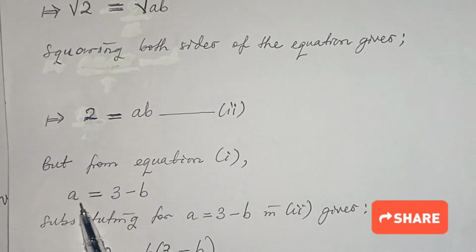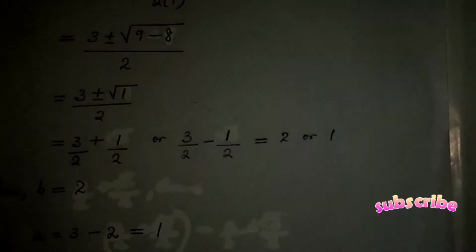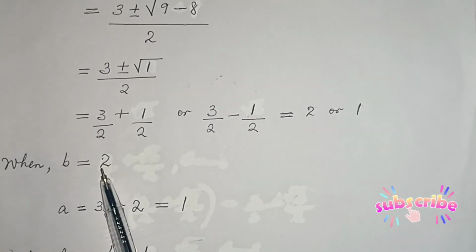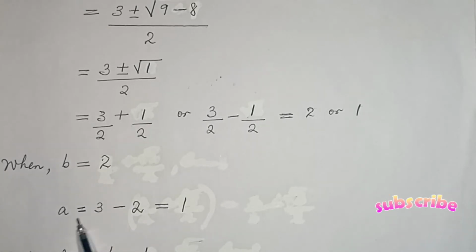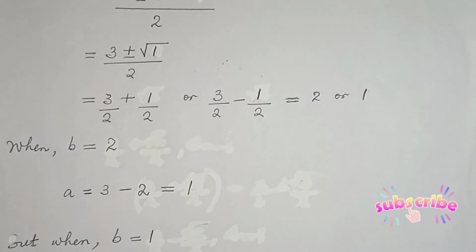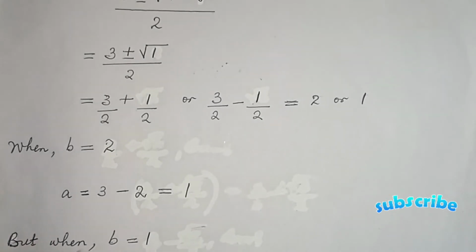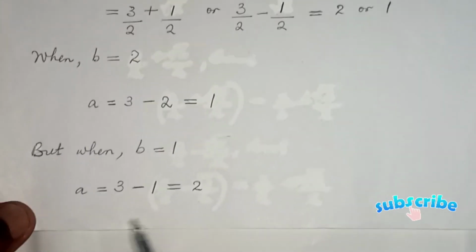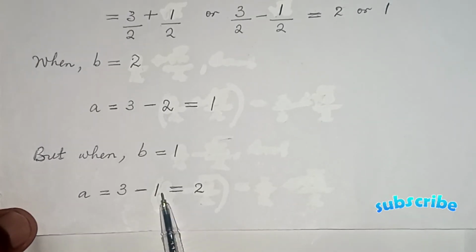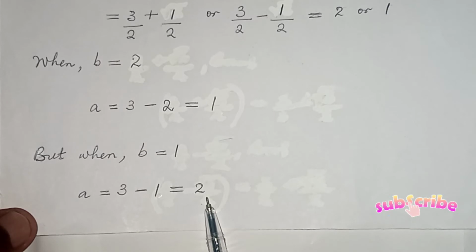So remembering that a was expressed as 3 minus b implies that you can actually get your a value by subtracting b from 3. So that would be 3 minus 2, giving you 1, when your b is 2. What about when your b is 1? All you have to do is to subtract from 3 that value 1, and that will give you a equals 2.